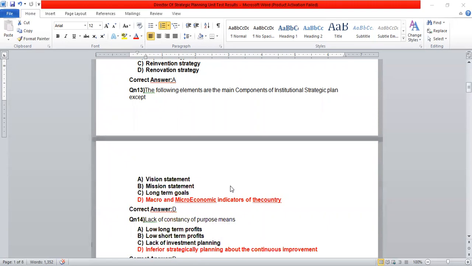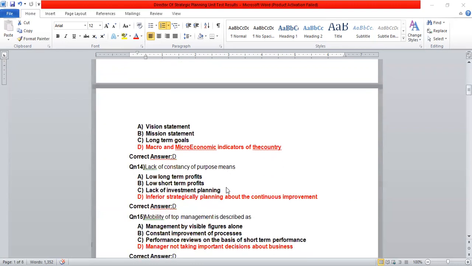This question means that all the elements are the main components of institutional strategic planning, except the macro and micro indicators of the country. This is for the country, not for the institution. The correct answer is D.